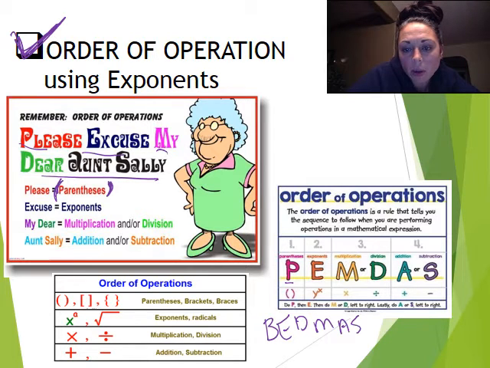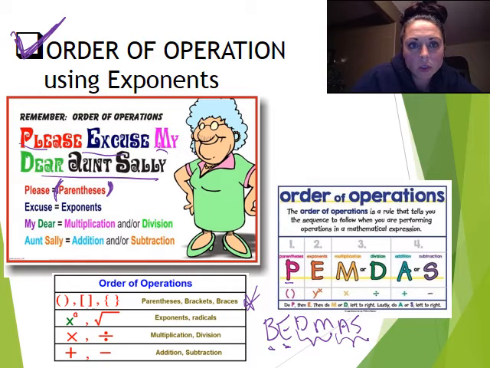But either way, you need to remember that it's brackets or parentheses, then exponents, then division and multiplication, whatever order it comes from left to right. So it's like reading a book, whatever comes first from left to right in your equation, and then addition, subtraction. So here's some review of some language that you might see in your questions.